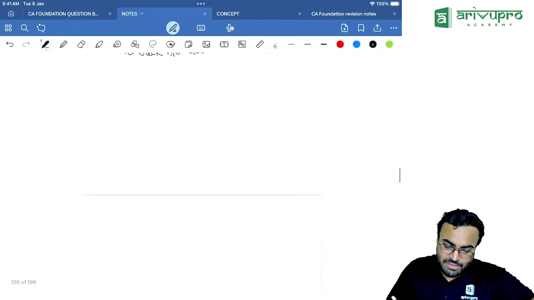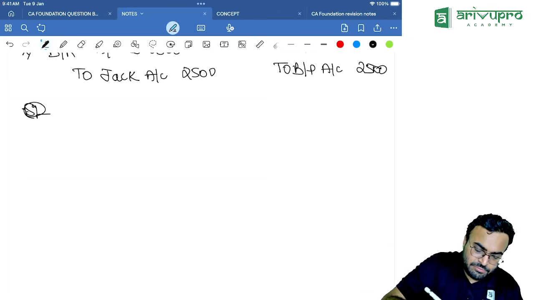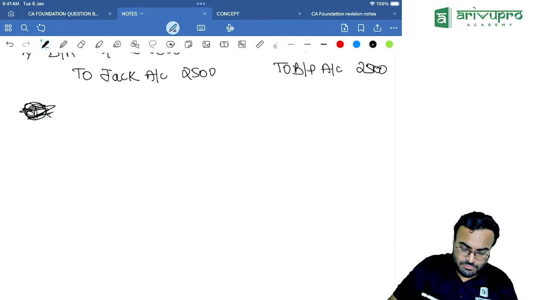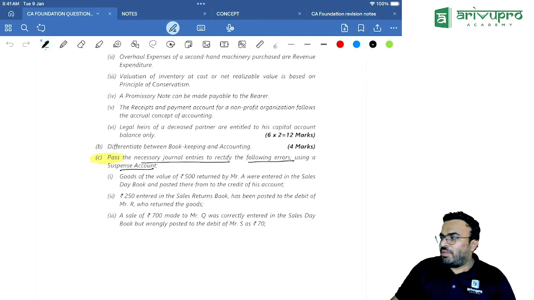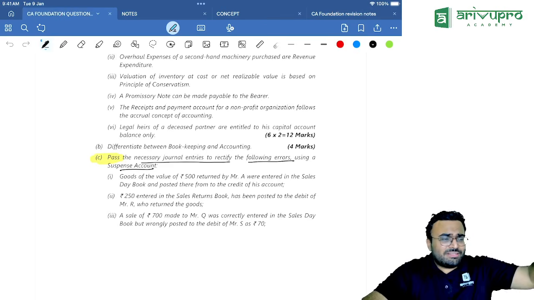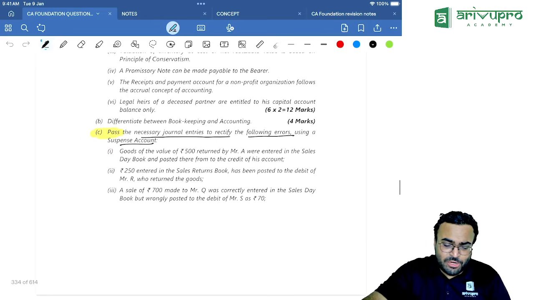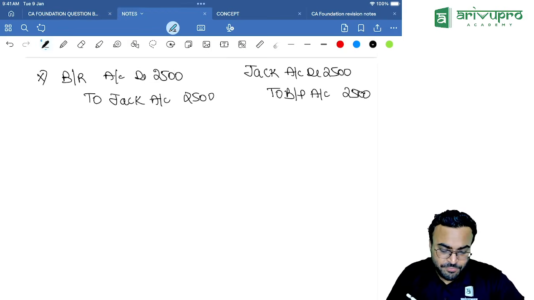Now, let's write in our notes. This is September. So there was no question in Jan 2025, but there is a 4-mark question in September 2024, and they have asked us to pass journal entries to rectify using suspense account. Clear?